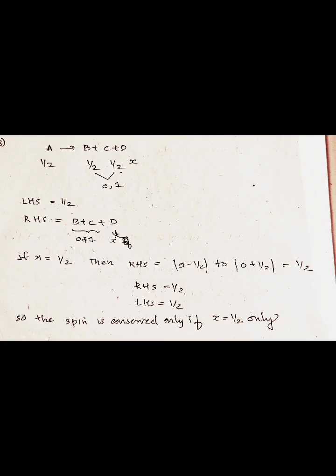Then the RHS becomes half and the LHS is also half, as the spin of A is half. Then we know that the spin is conserved. So here the spin is conserved only if the spin of D, that is, x is equal to half. So the answer is half only.